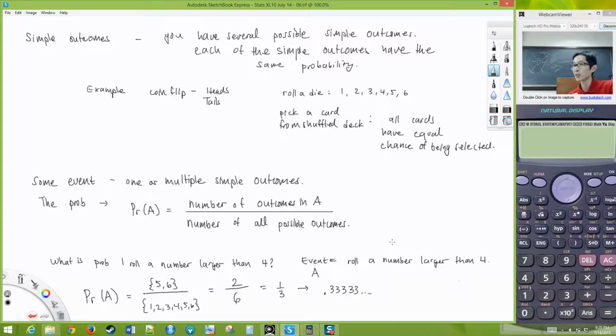So you cannot do these calculations and say the probability that a family has 2 kids is 1 out of 21, because they are not equally likely. It doesn't work that way. But things like rolling a die, flipping a coin, picking a card from a shuffled deck, that works. Simple outcomes.